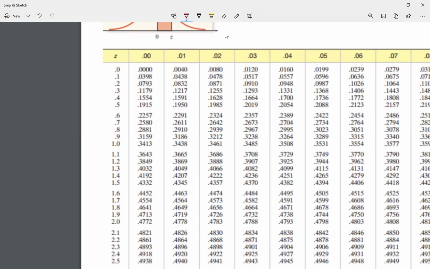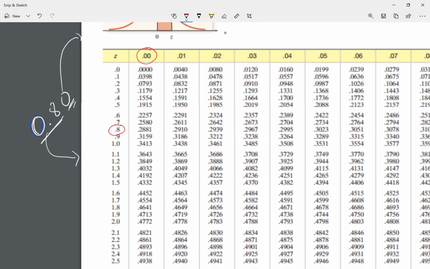So remember, I'm looking for 0.80. The 0.8, I'm going to look at on the left. The 0, I'm going to look at on the top. So 0.8 is right here, and my 0 on the top is right here.